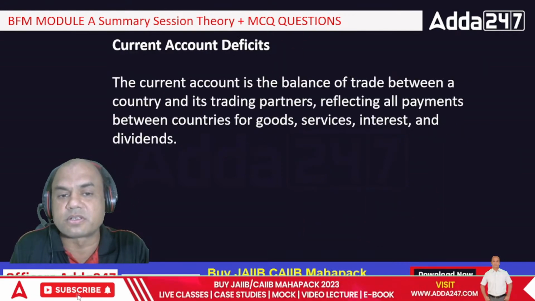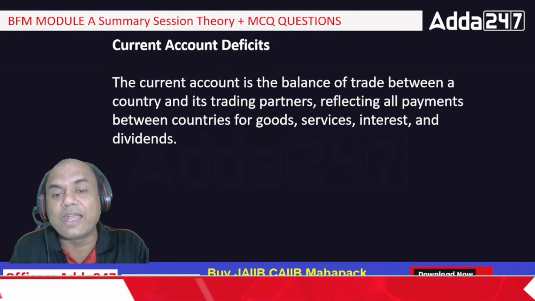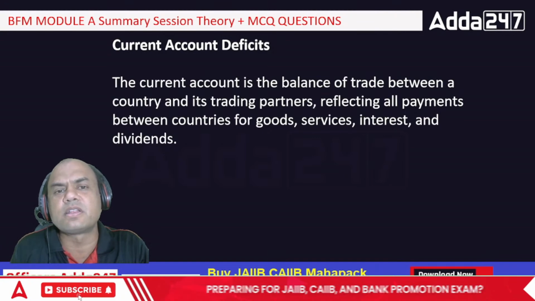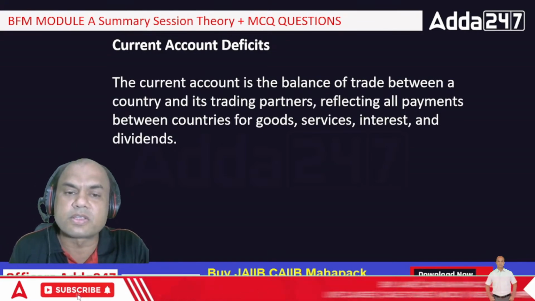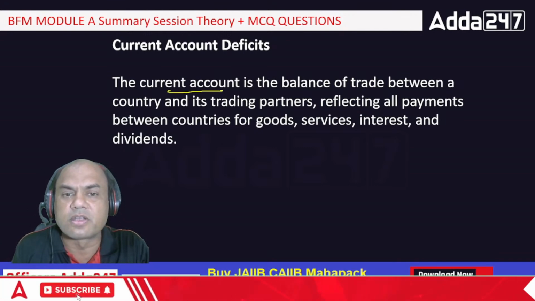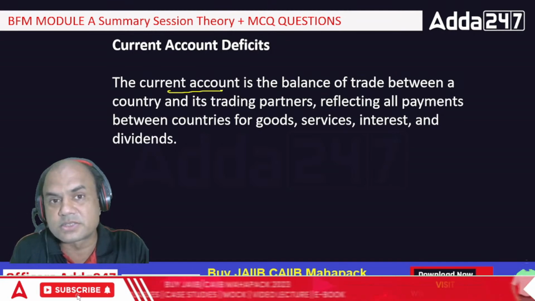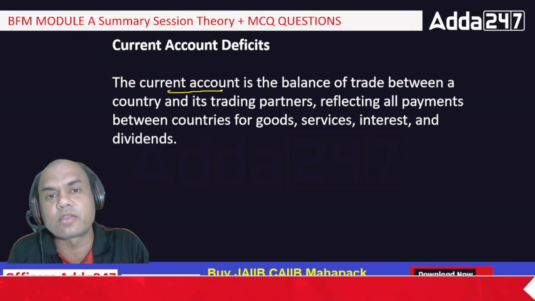Current account deficit. The current account deficit is a balance of trade between the country and its trading partners. Now remember, when we say the current account deficit in India is so much, always remember, current account deficit will be different for each country. Suppose India is trading with US and India is trading with China.